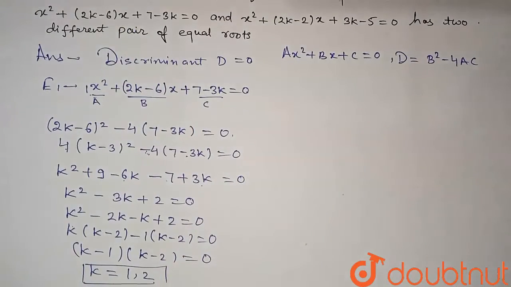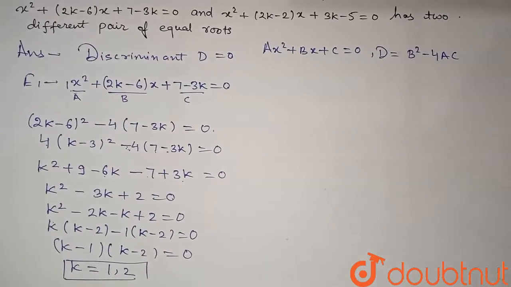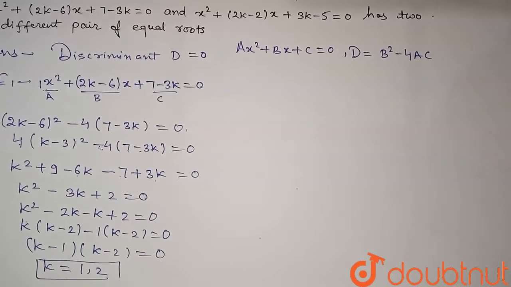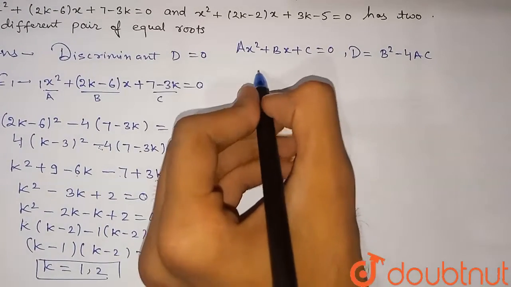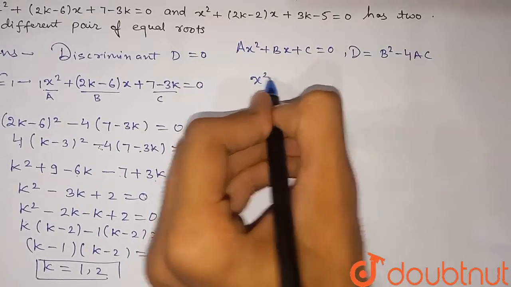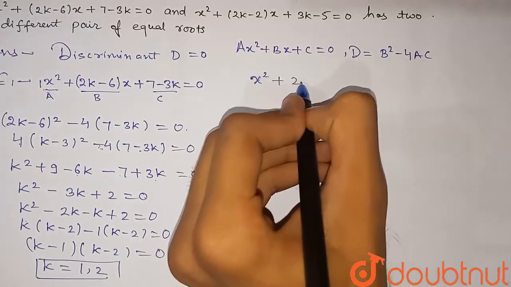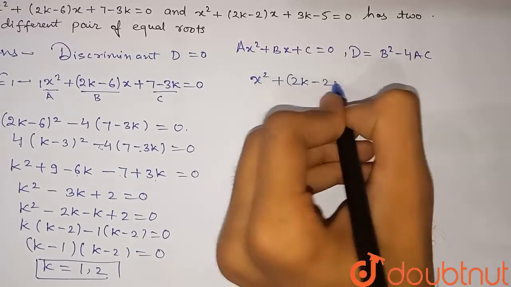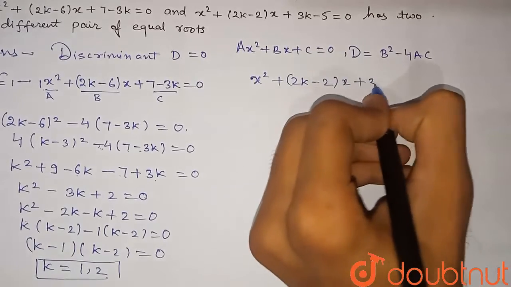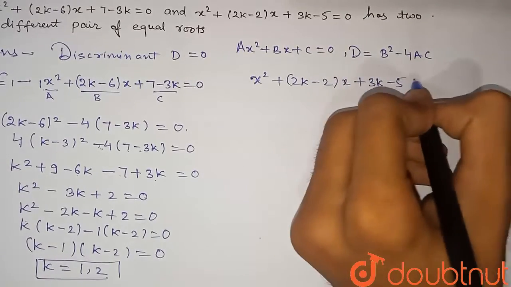Now if we proceed with the same procedure for the second equation, we can write the second equation as x square plus (2k minus 2)x plus 3k minus 5 equal to 0.